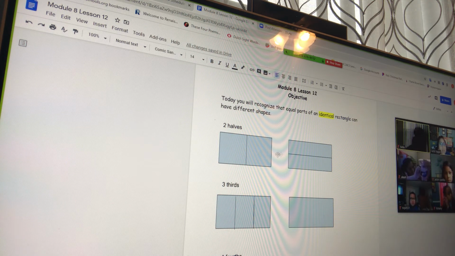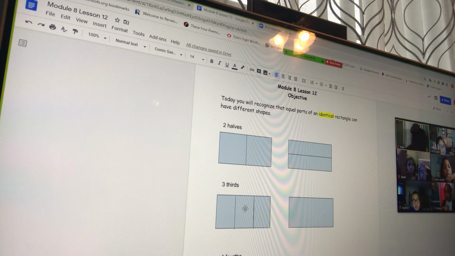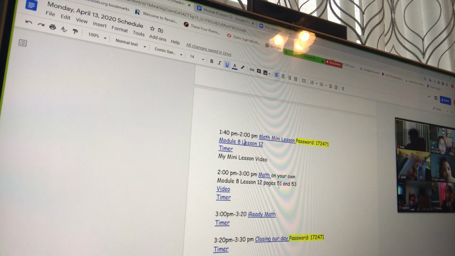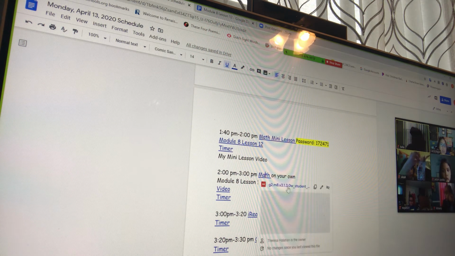So you're going to be given two rectangles. They want you to cut them into identical either halves, 2 pieces, thirds, 3 pieces, or fourths, 4 pieces. When you go into your math book, you're only doing pages 51 and 53. I'm going to show you now.